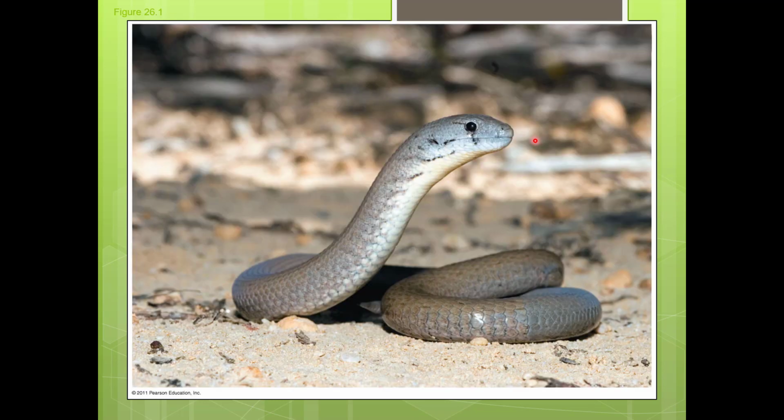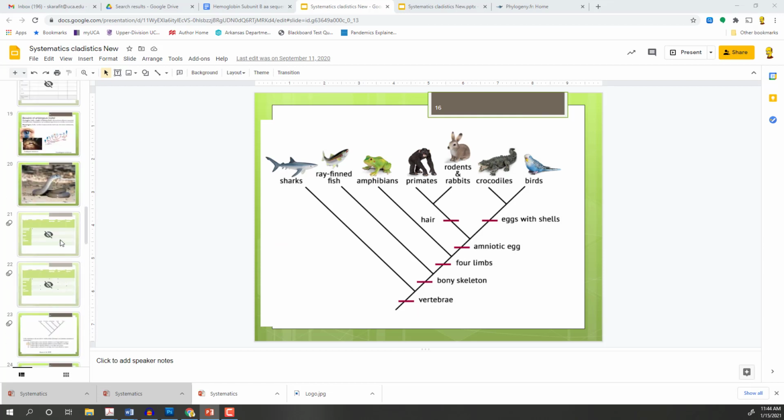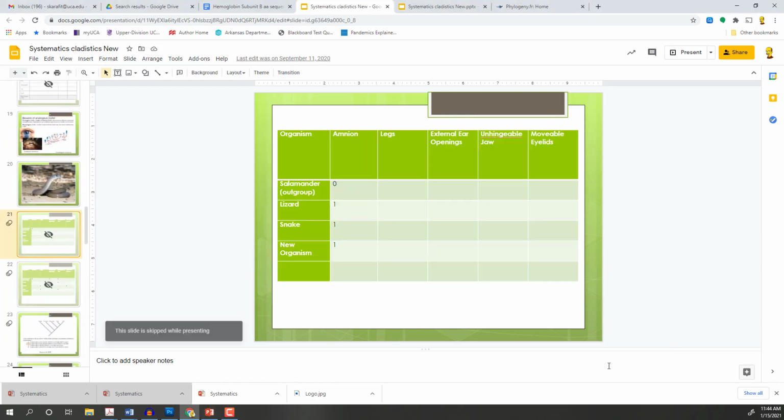But if we examine it in great detail, we can see that this organism has traits. Let me go straight to the finalized data matrix here. This organism is the new organism here. Here's the new organism. Here's snake. Here's lizards. And salamanders are our outgroup, okay?